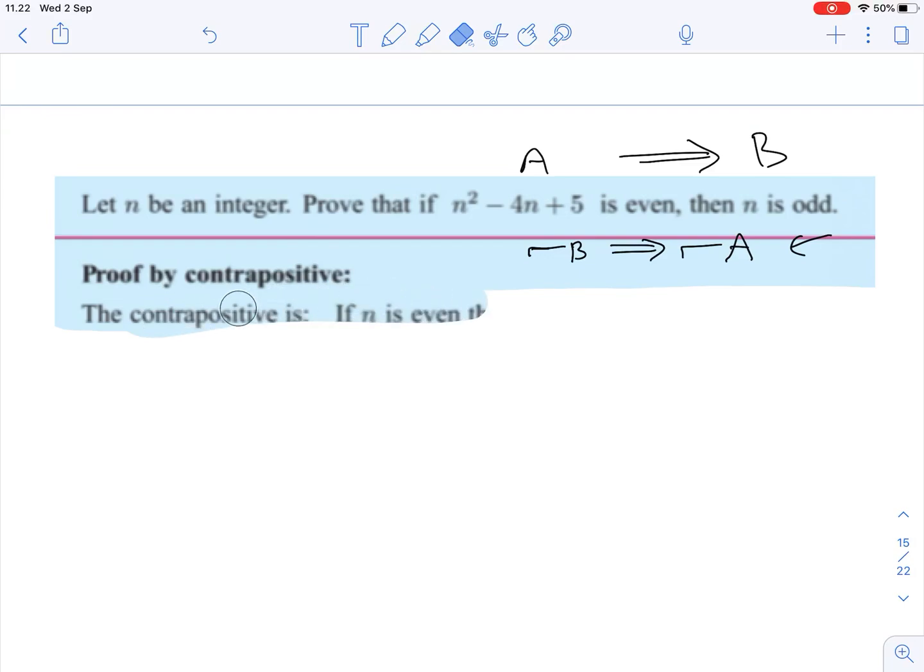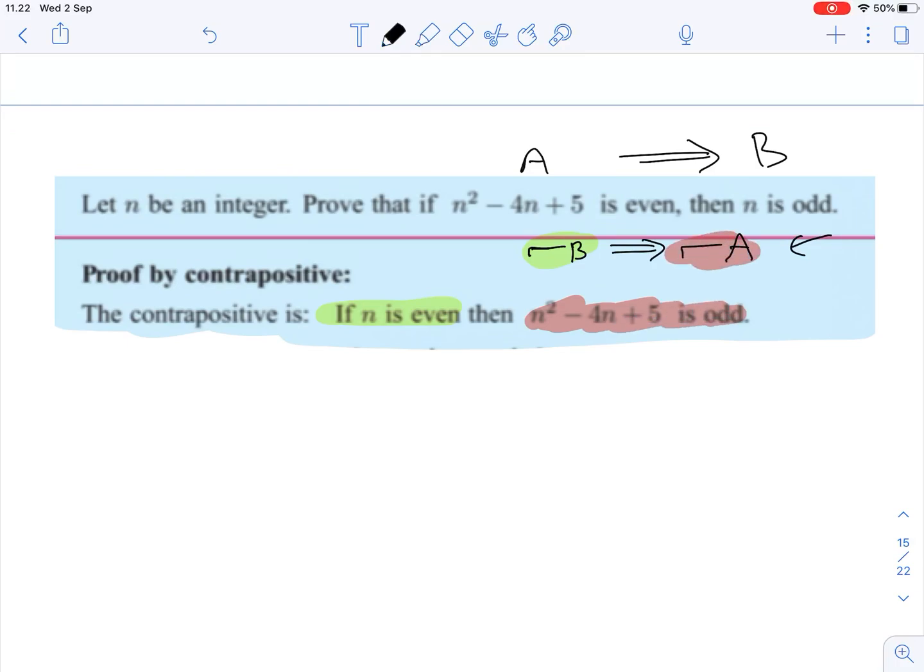So the contrapositive is, and we just wrote it in symbolic notation, if n is even, which is not B, then n squared minus 4n plus 5 is odd.